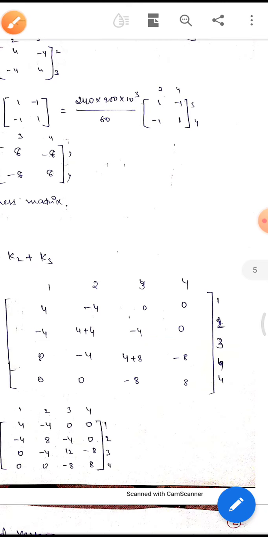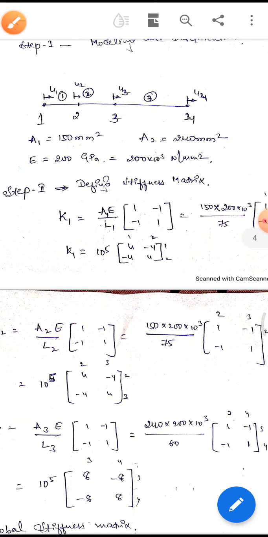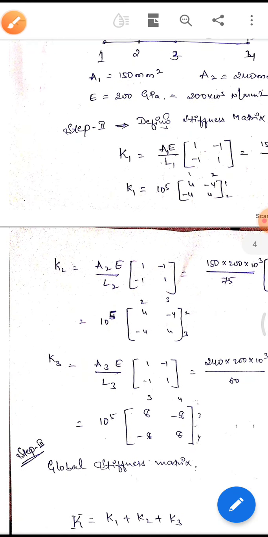If you go to the K1 matrix, here we have the second row, but we don't have a third column, we have the second column itself, so here we have 0. Next, if you go to the second K2 matrix, that is the stiffness matrix for the second element, here you can see the second row and third column, that is nothing but this one, we have minus 4.